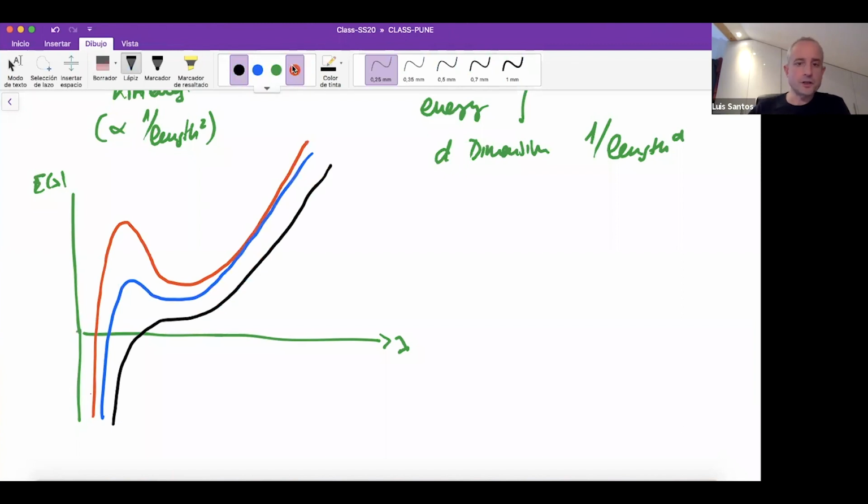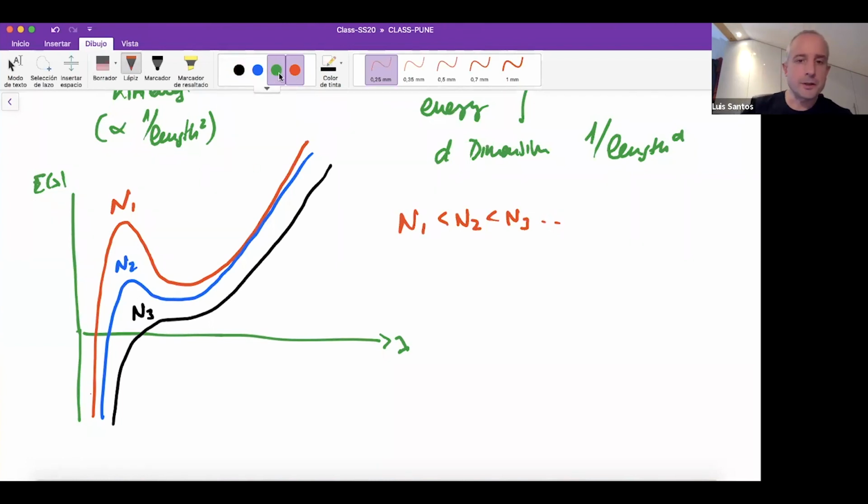Okay, so this is for a given number of particles, N1, N2, N3, and so on, where N1 is smaller than N2, smaller than N3, and so on.